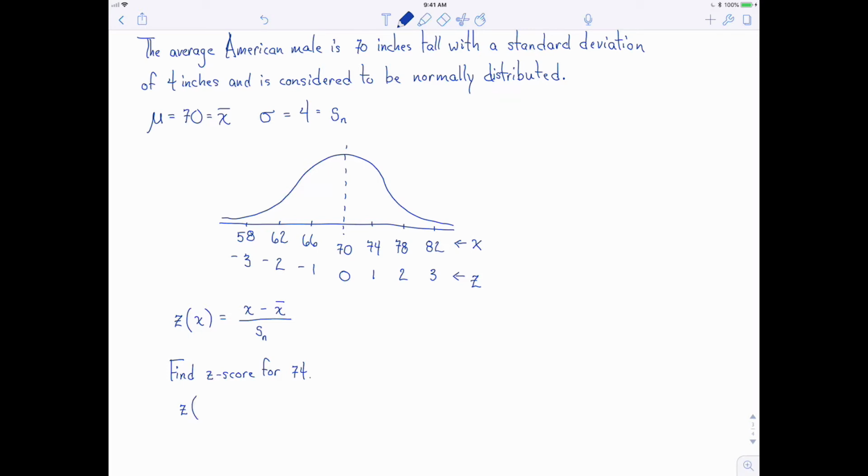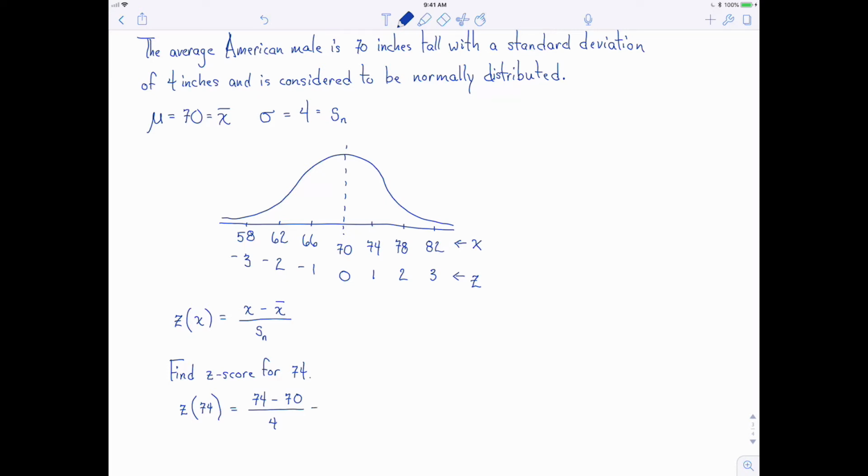We'd say the z-score for 74, that's how we use our notation, is equal to, and notice that the z parentheses 74 parentheses doesn't mean multiply or divide or add, it's just a note-taking system to say that you're finding the z-score for 74. So I take my x value, that's 74, I subtract the mean, that's 70, and we divide it by the standard deviation of 4.